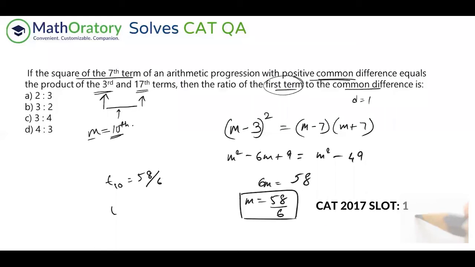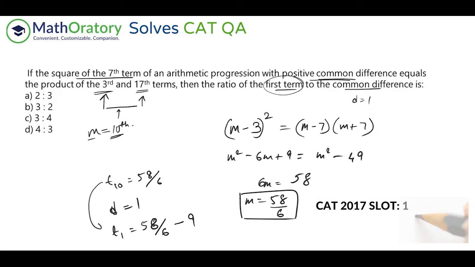and the common difference is 1, so the first term that we are focusing on is 58 by 6 minus 9, because I need to go 9 terms behind in order to get the first term from the 10th term, and each time I go back, it's just 1 less.